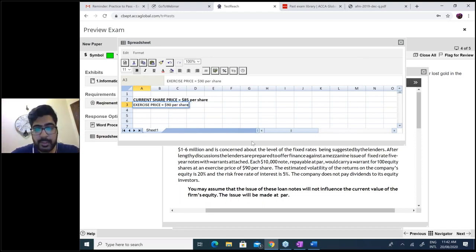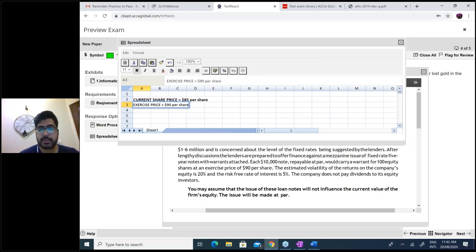The estimated volatility of the returns on the company's equity is 20%. Volatility is deviation, it's 20%. And the risk-free rate of interest is 5%.